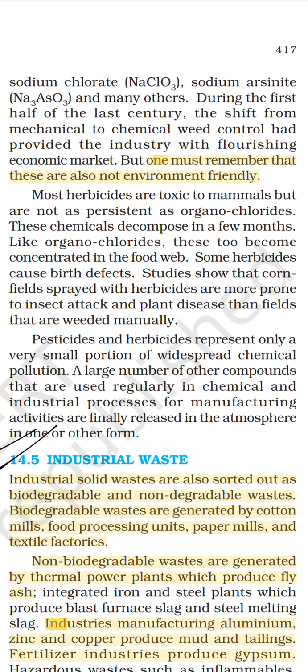Studies show that corn fields sprayed with herbicides are more prone to insect attack and plant disease than fields that are weeded manually. Pesticides and herbicides represent only a very small portion of weed spread.